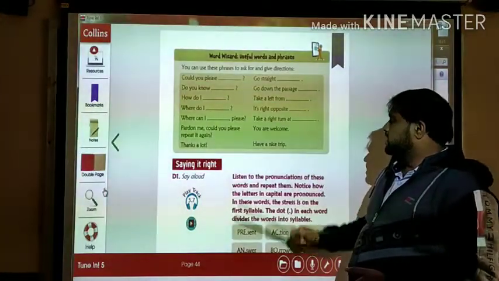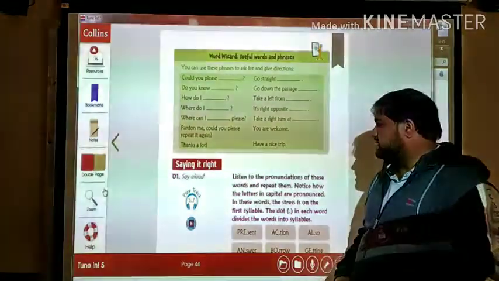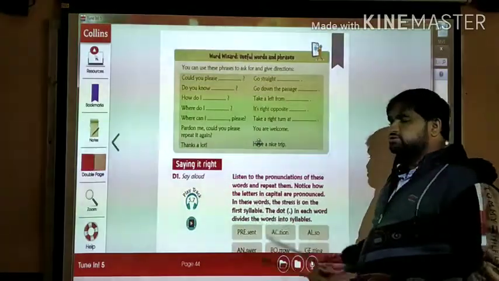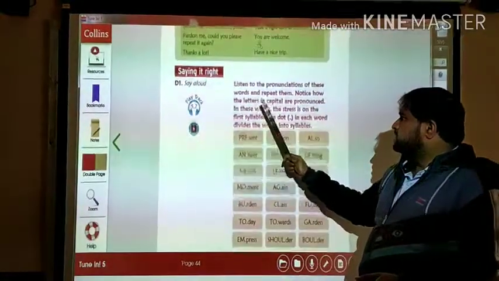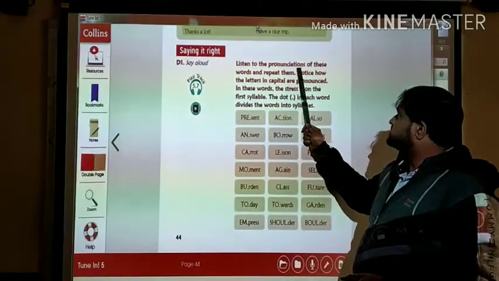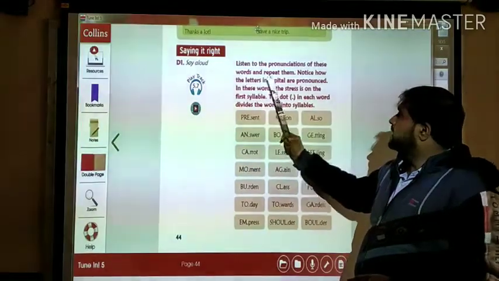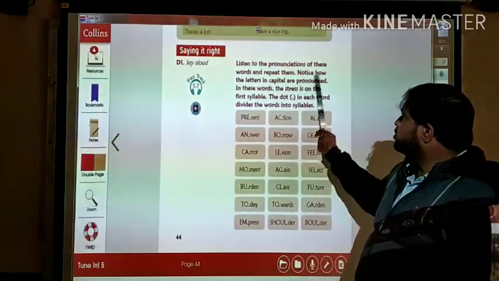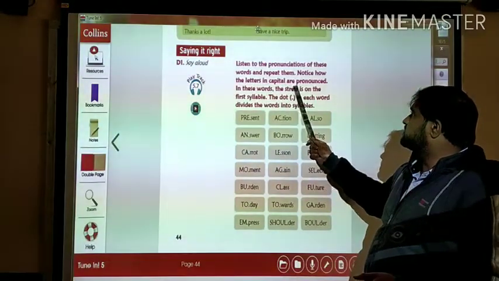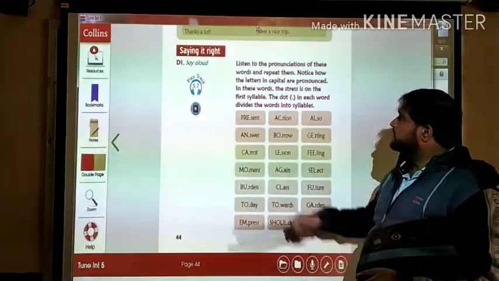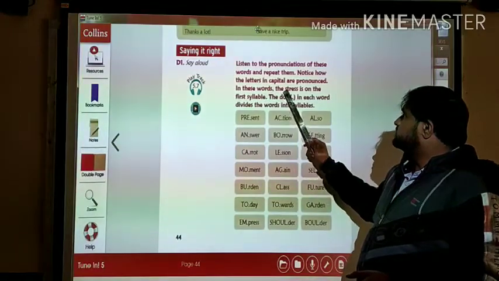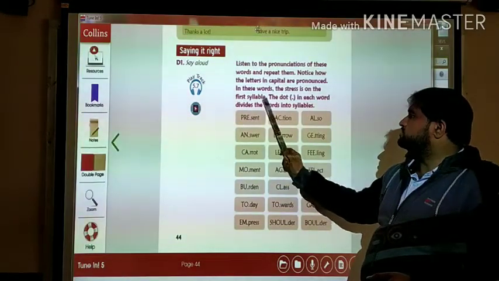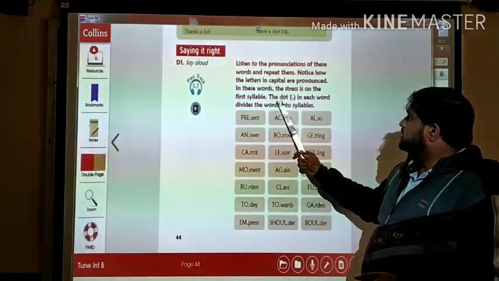Okay, so now we have another activity. See here we have the instruction. Listen to the pronunciations of these words and repeat them. Notice how the letters in capital are pronounced. In these words, the stress is on the first syllable.